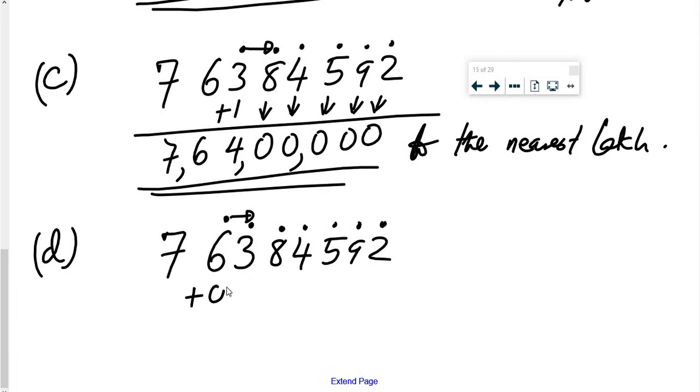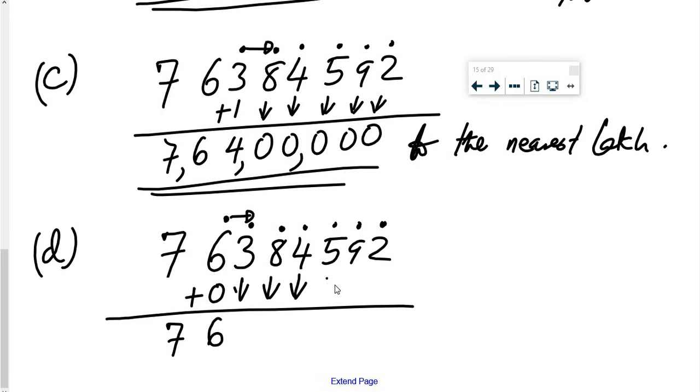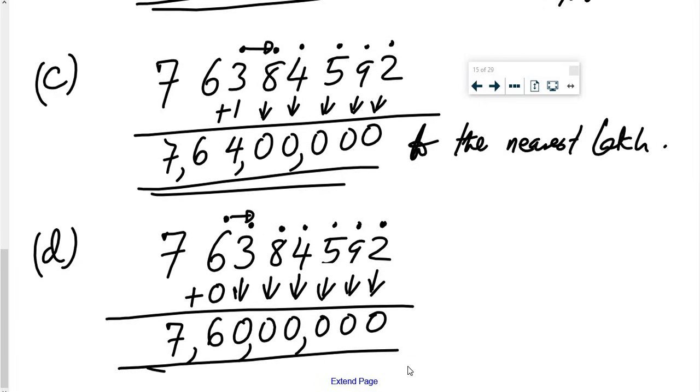So add 0 because there is a 3. That is 6, 7, and all these are replaced by zeros. So that is 0, 0, 0, 0, 0, 0, 1, 2, 3, 1, 2, and this is your answer.